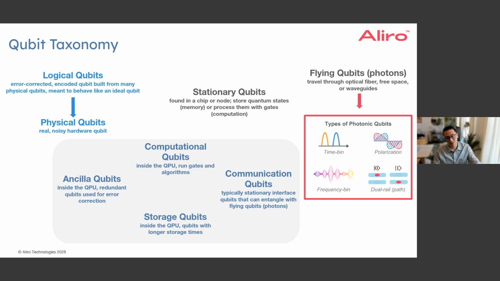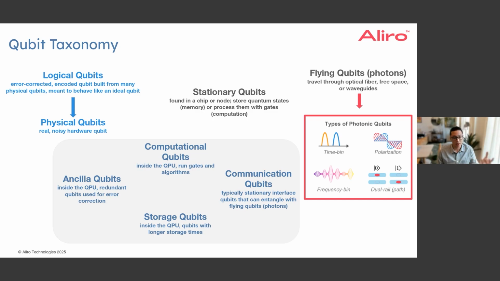Finally, even within the flying qubits and the photonic regime, where we're talking about networking and sending qubits around between different processors, there are also different ways to encode our qubits, our quantum states, in light. There are different photonic degrees of freedom or dimensions we can leverage to encode our quantum state. We can use, for example, the property of time, the arrival times of these photons, to encode our quantum state based on early arrival or late arrival.